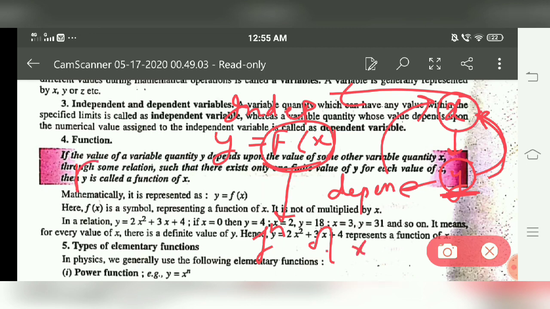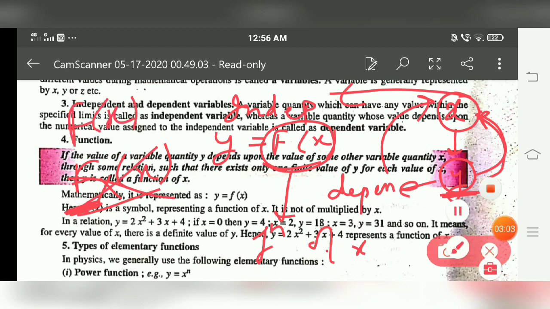This f(x) doesn't mean that f into x. It actually means f is a function of x.